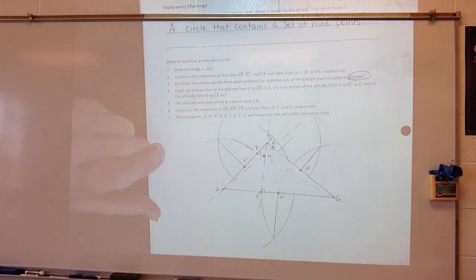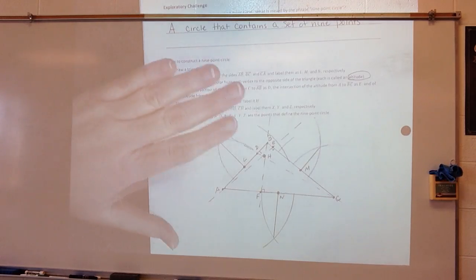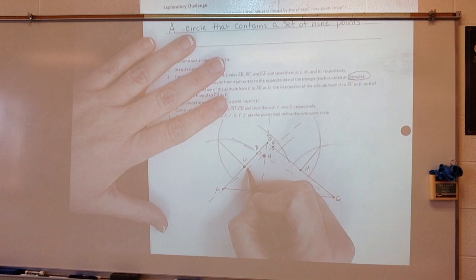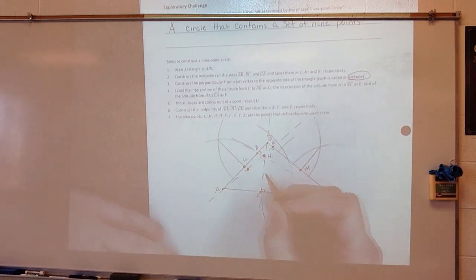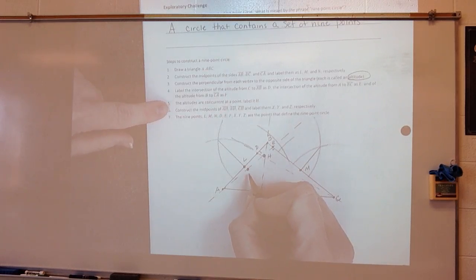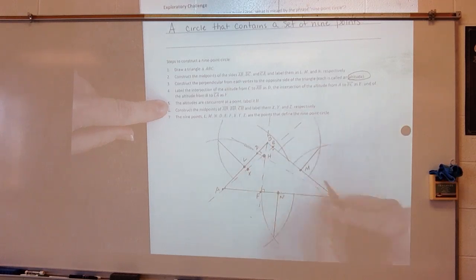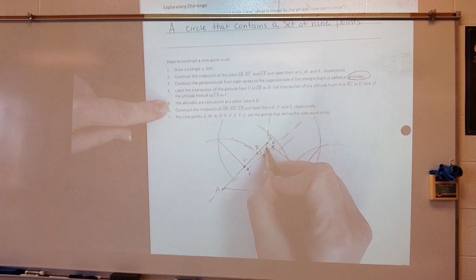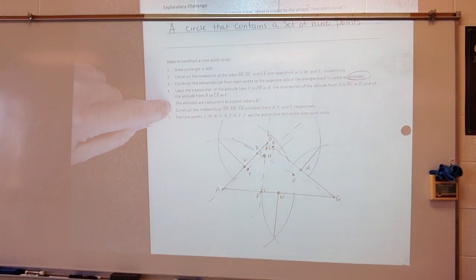So I'm going to just kind of put those in here. We'll say it's roughly here. So we'll name that X. This one is roughly here. We'll name that Z. And this one is roughly here. And this is Y. Alright, so we have a lot of stuff going on here.